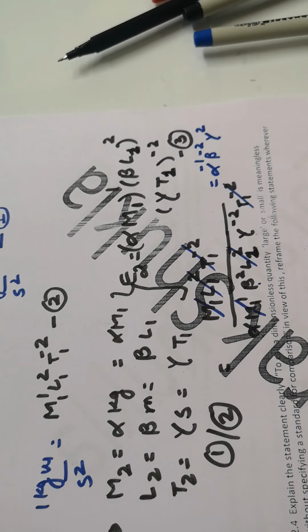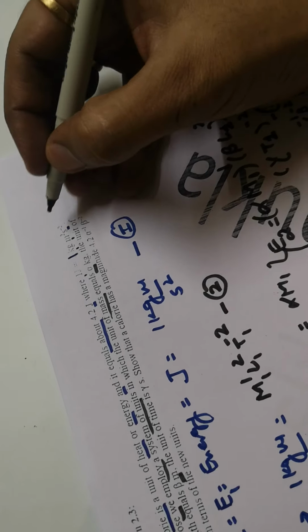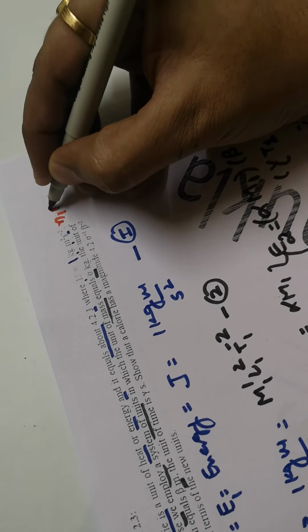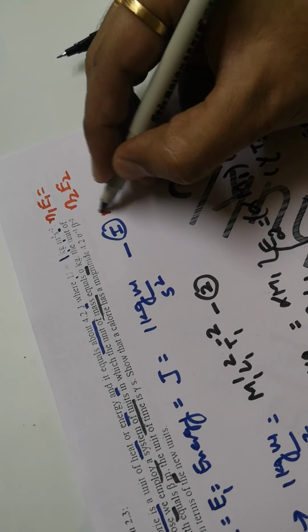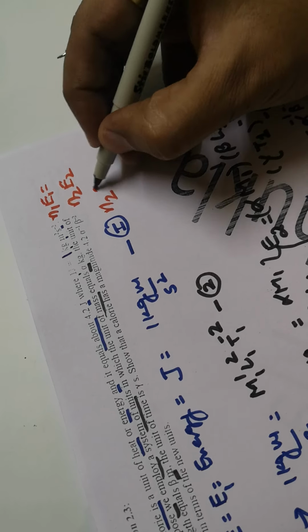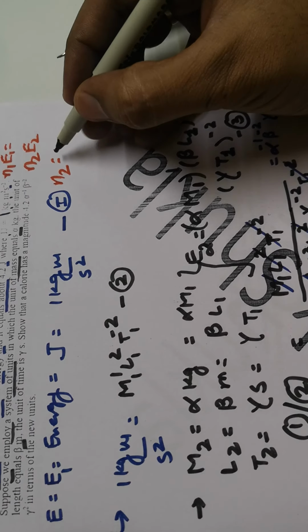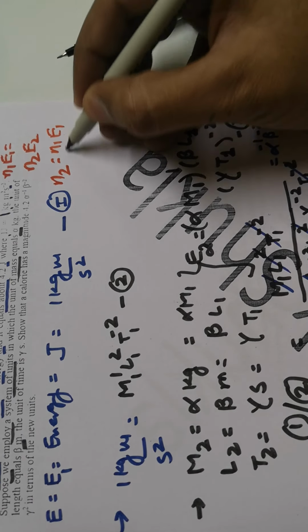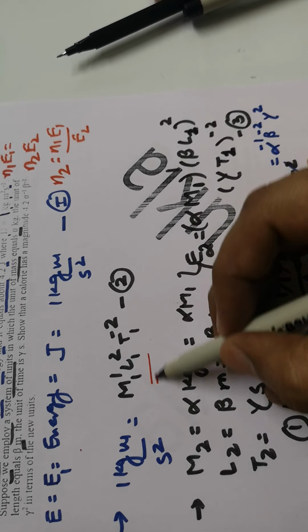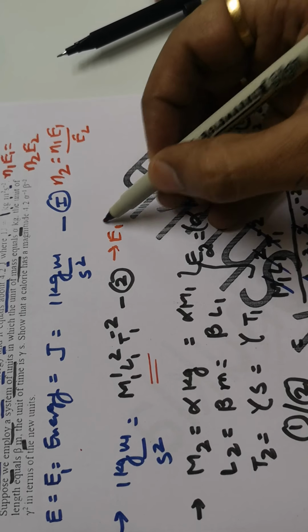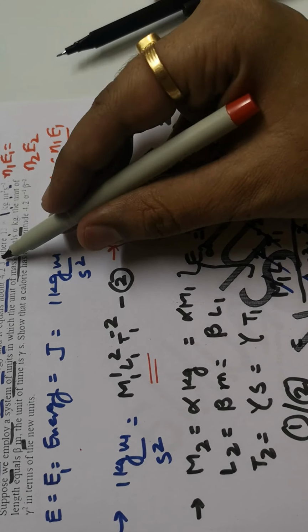For another method, I am also mentioning for you. You can also try it out. You can say that n1e1 is equal to n2e2. We want to find n2 for the second one. That is why you can say n2 is equal to n1e1 divided by e2. This is the first part, having number 1.